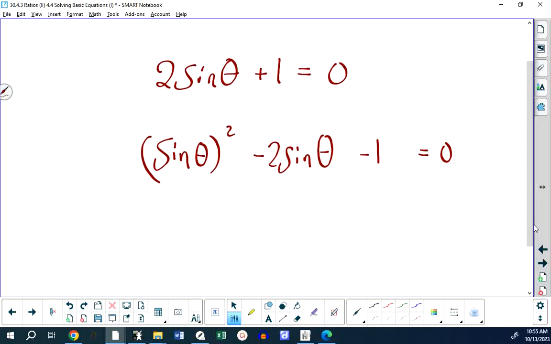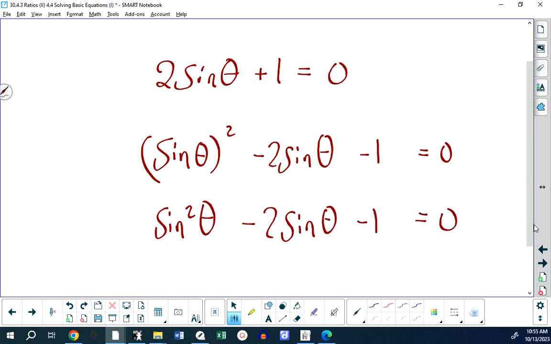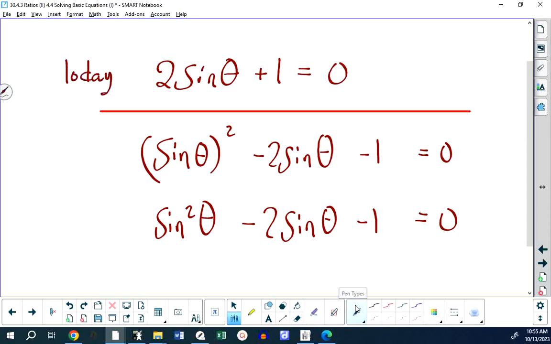We would not write it this way, we would write this. And this is pronounced sine squared of theta, and it means sine of theta quantity squared. But what I'm saying as an introduction here is that this is today, and this is next week.